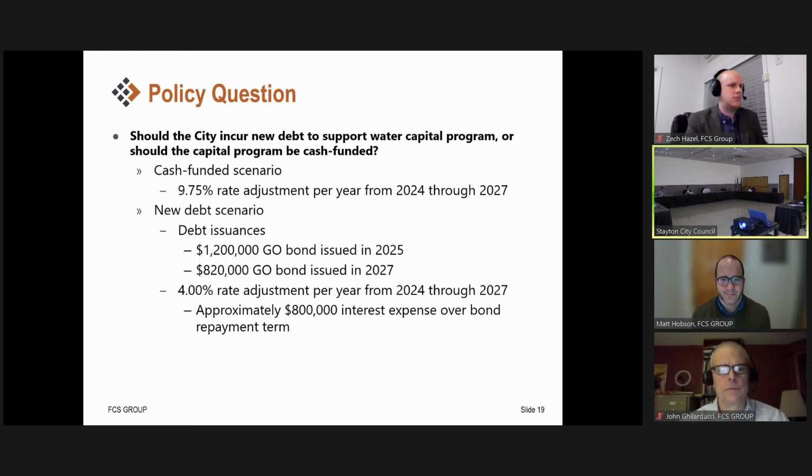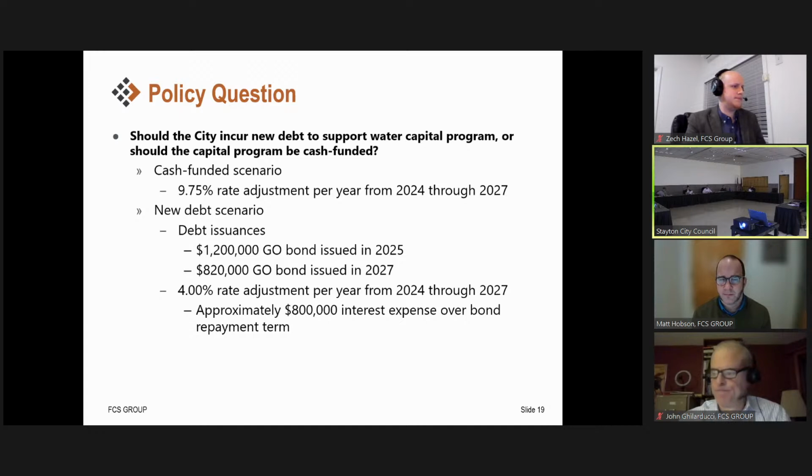It's a very weak fund. We have a lot of work to do in that, and $6.45 of a utility bill goes towards stormwater, and we've got millions of dollars of backlog of capital improvements that need to be done. So I just want you to be aware of that as we're going through this. Recognize that each one of these funds is different, and each one of them has different strengths, and just remember that as we're going through it.